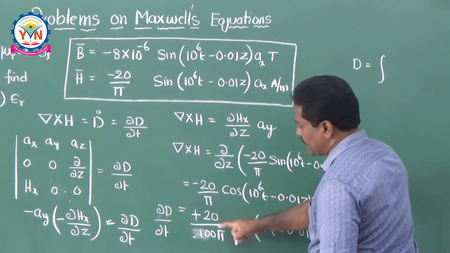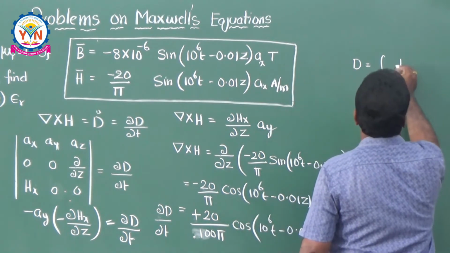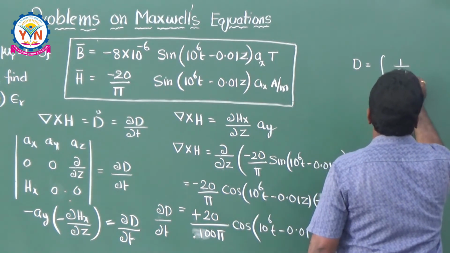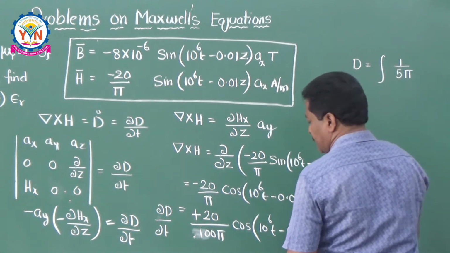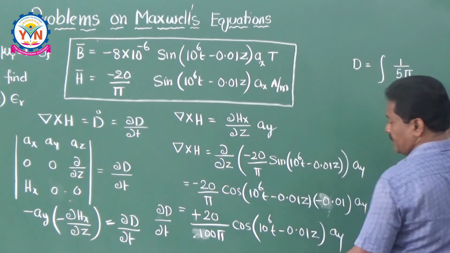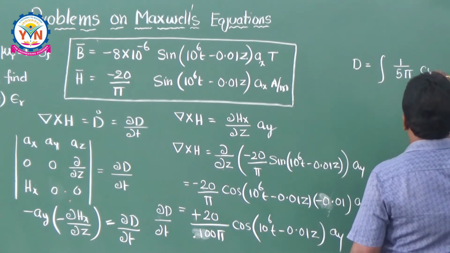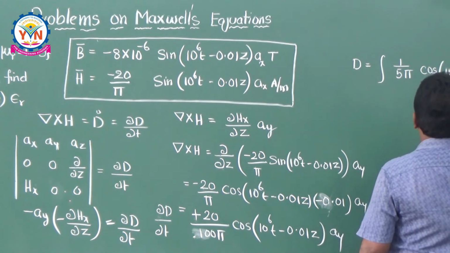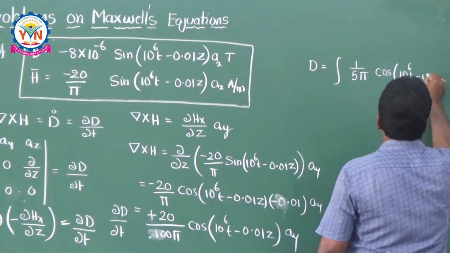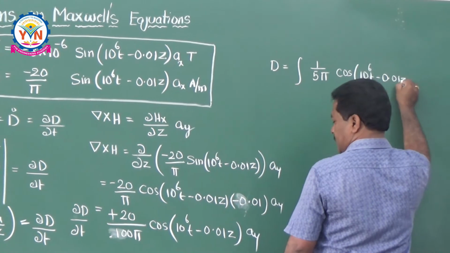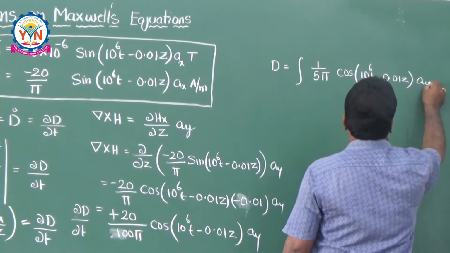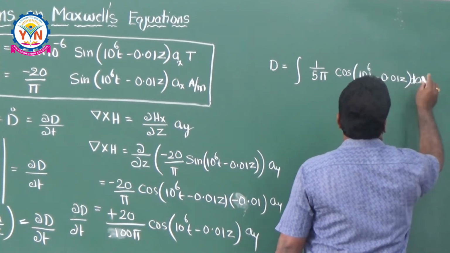That means 1 by 5 pi. 1 by 5 pi into integral of cos of 10 to the power of 6t minus 0.01 into z into AY into dt.